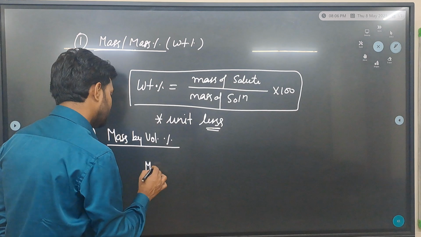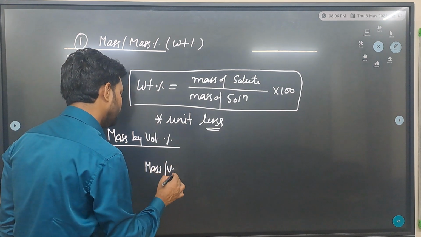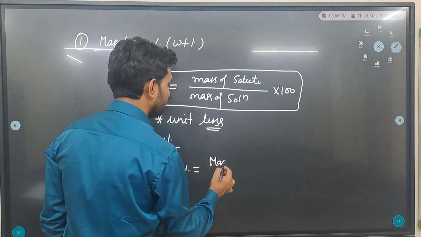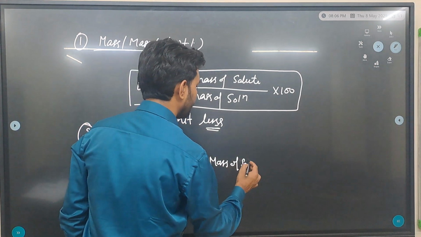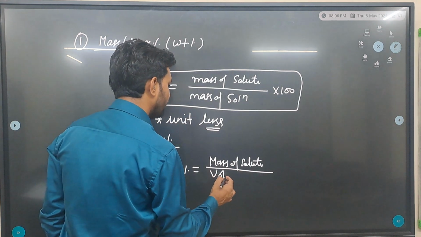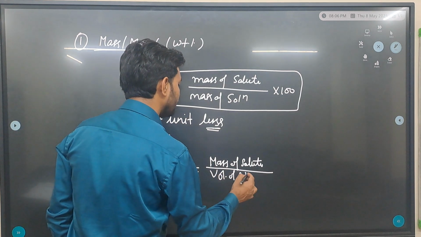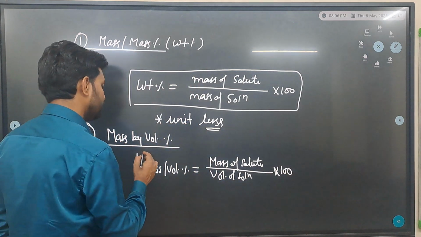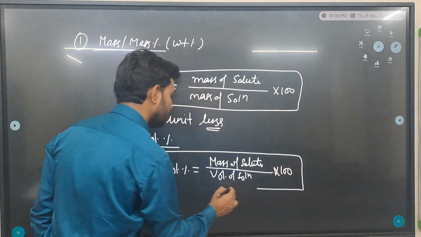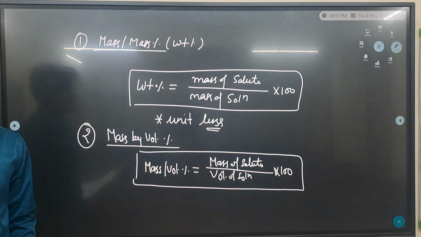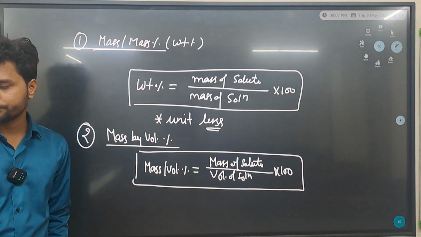The formula for mass by volume percentage will be equal to mass of solute divided by volume of solution, into 100. This will be the formula for mass by volume percentage.